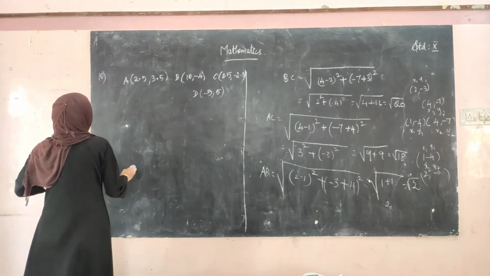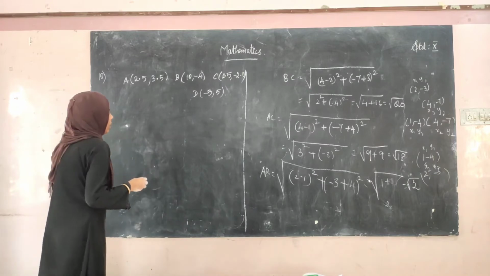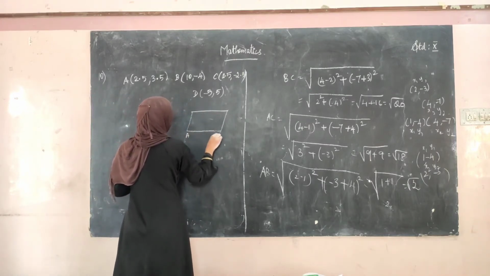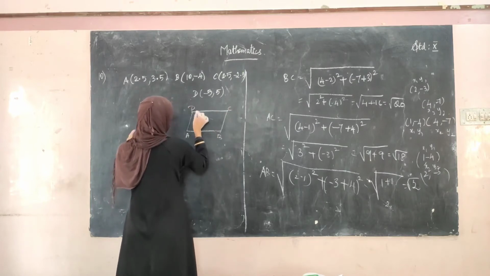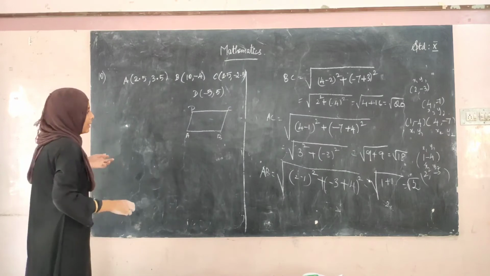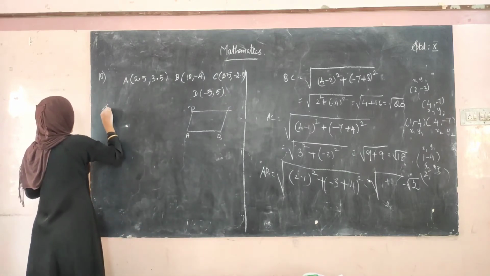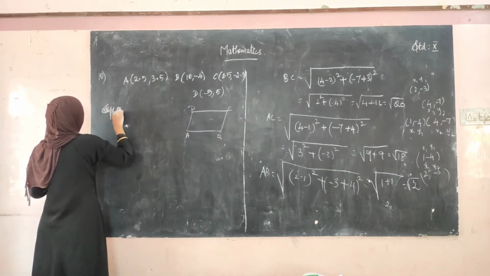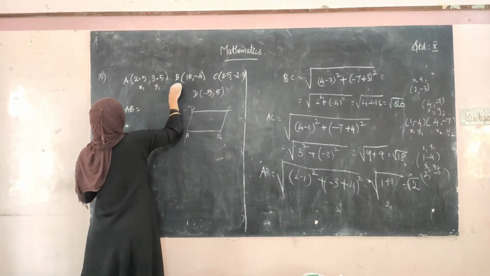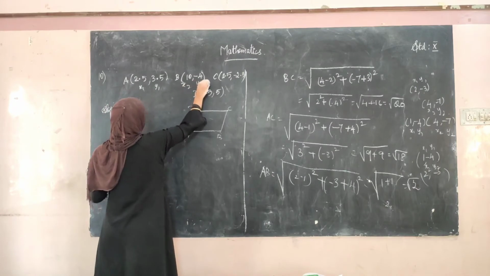So first let us find. For rough, let us take this A, B, C, D. So A, B, B, C, C, D and A, D. So we have to find. So first let us find slope of A, B. A, B, x1, y1, x2, y2.